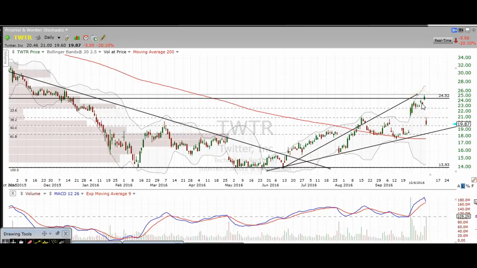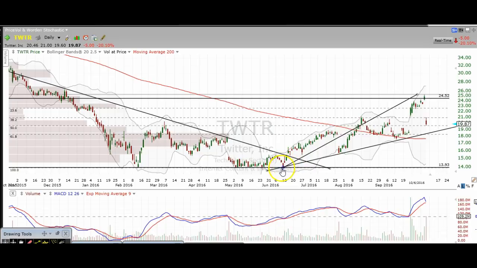But moving forward now with Twitter, what's going to happen? What are we looking for? A couple of things that I'm personally looking for. One thing you want to look for here is the Fibonacci retracement level.